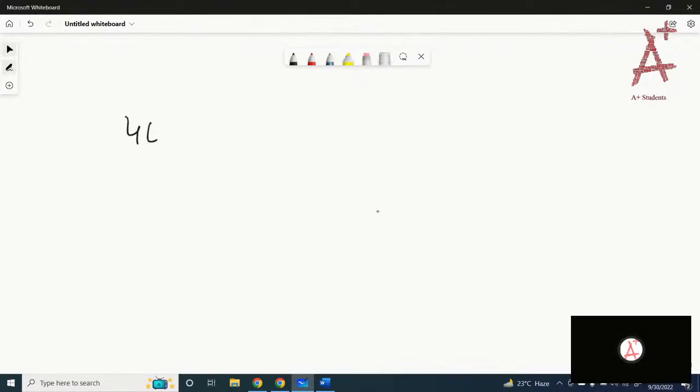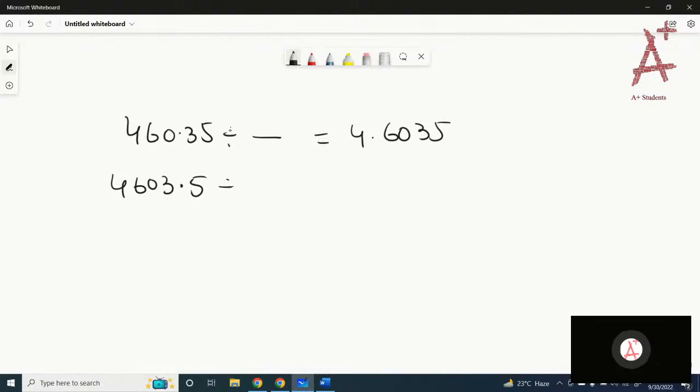Okay, the first one is 460.35 divided by the missing number equals 4.6035.